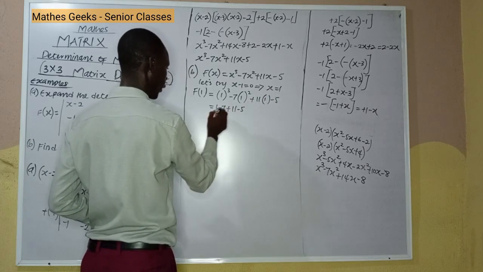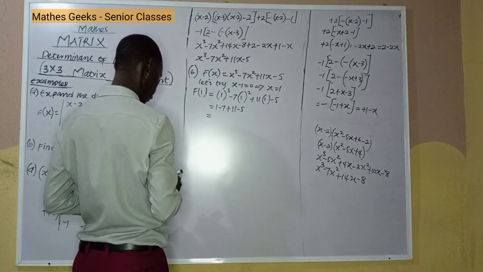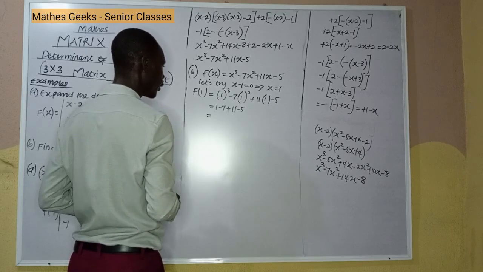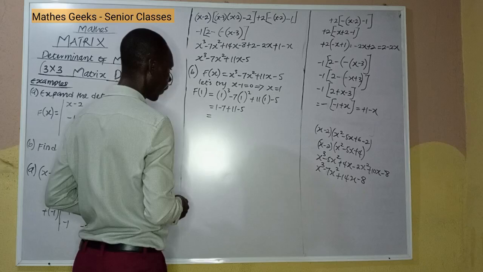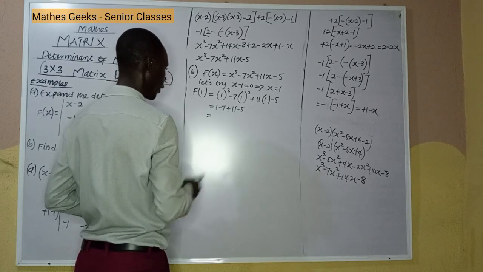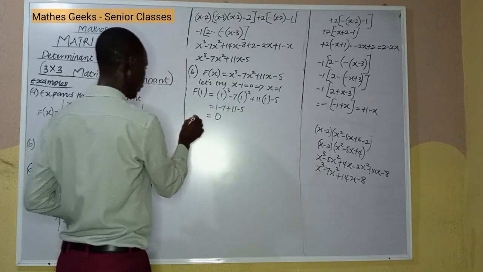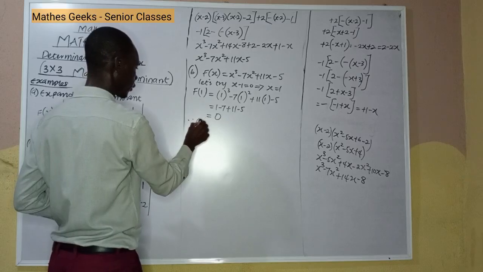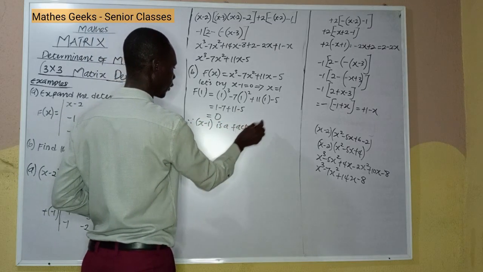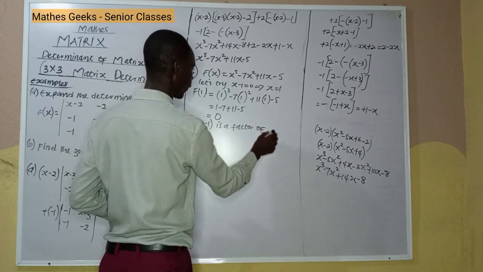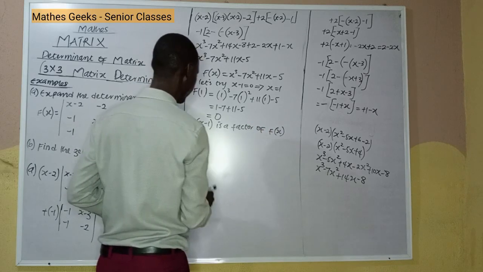And then minus 5. 1 minus 7 is minus 6. Minus 6 plus 11 is 5. And 5 minus 5 is 0. So this implies that therefore x minus 1 is a factor of f(x).